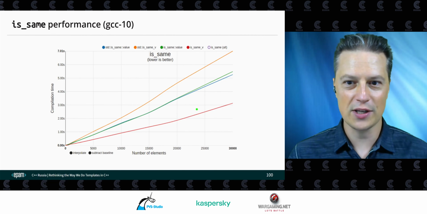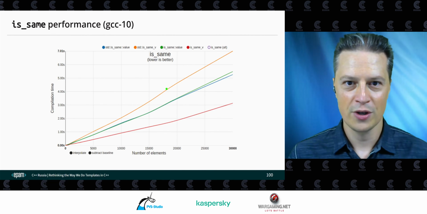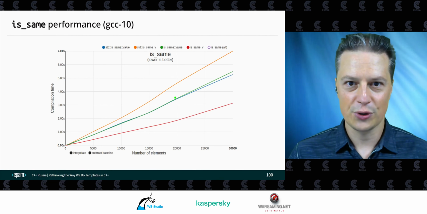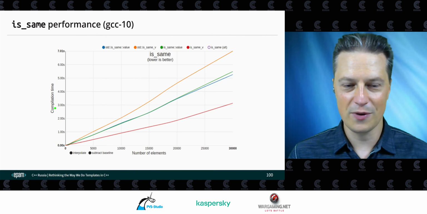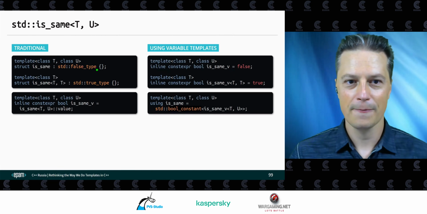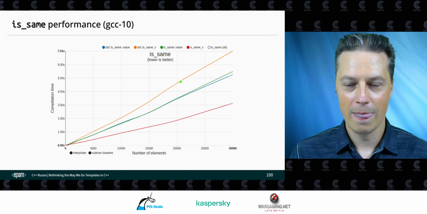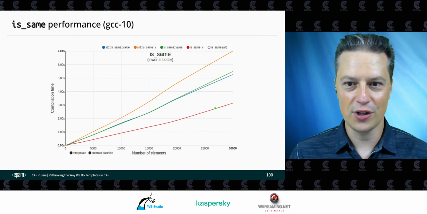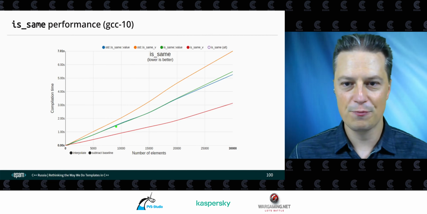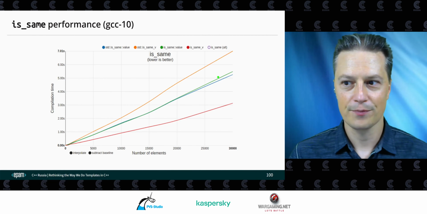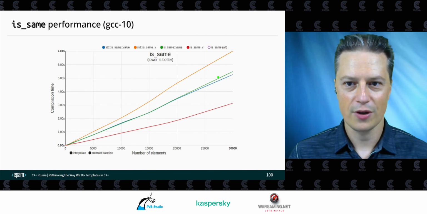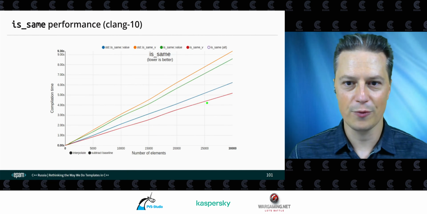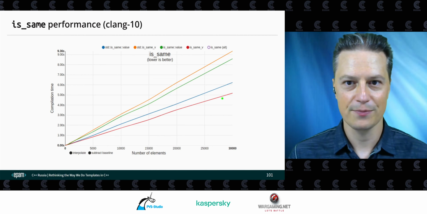So if you're using is_same_v, it is the fastest one. std::is_same_v, so the one that basically is a variable template for this type trait, is the slowest one. And the standard type trait and the one from bool_constant on our variable template have similar performance on GCC. On Clang, it's a bit different, but still is_same_v is much faster than anything else.